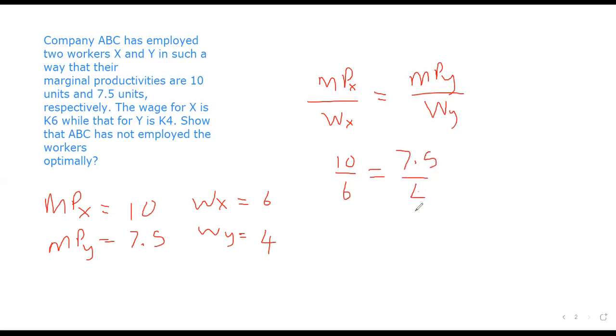So what are you getting? 10 divided by 6 is equal to 1.67. And 7.5 divided by 4 is equal to 1.875.